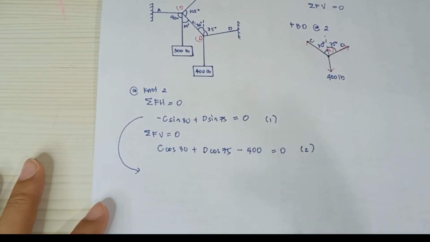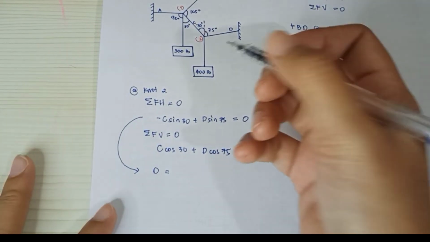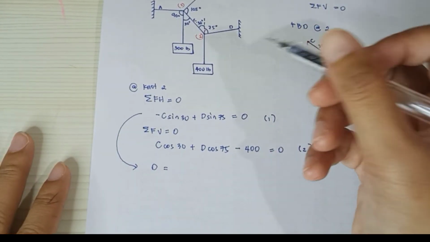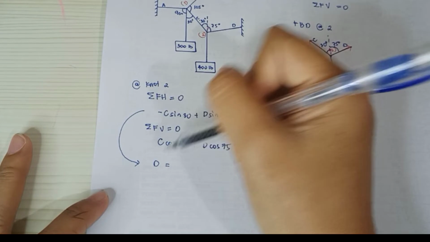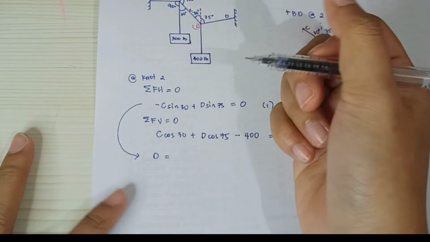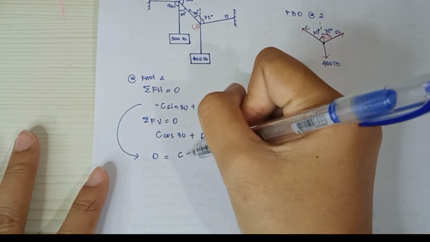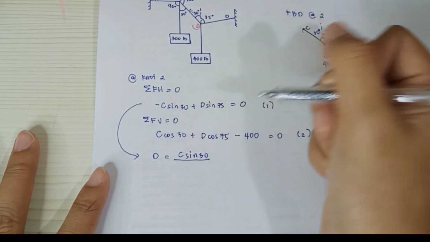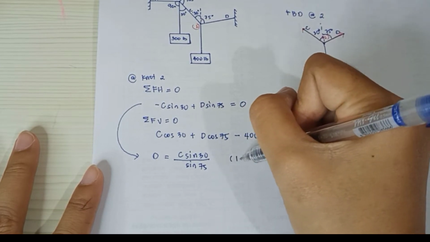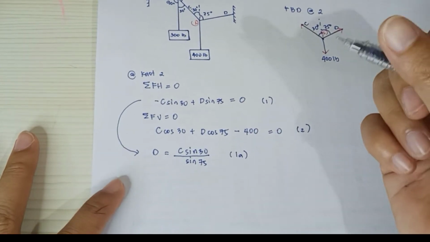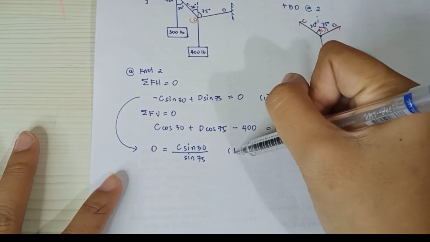gawin natin siyang in terms of C. D is equal to, D in terms of C. Okay, so i-transpose natin itong equation 1 to get the value of D. Okay, so D is equal to, yung C pupunta sa kabila, magiging positive, C sine 30 divided by sine 75. Okay, so meron na tayong bagong equation from equation 1 or the equation ng horizontal forces, which is 1A.